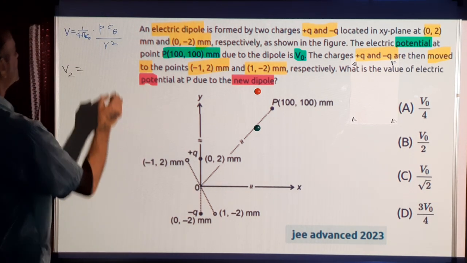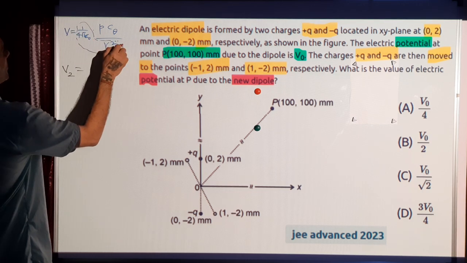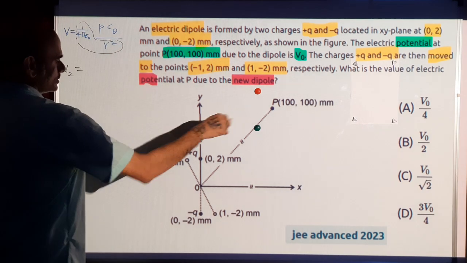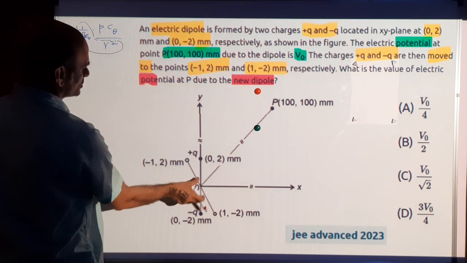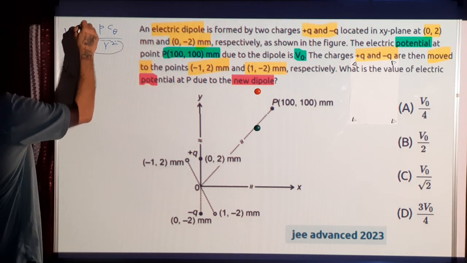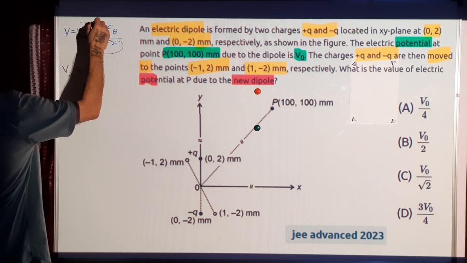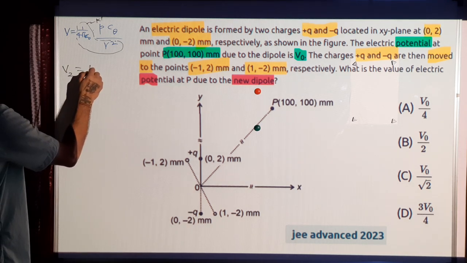R is the same. So I can combine 1 by 4 pi epsilon naught and 1 by r square, which is the same for both dipoles, because the middle point is at the same location. So let me call this constant k prime, because k is 1 by 4 pi epsilon naught. So it's the same k prime.